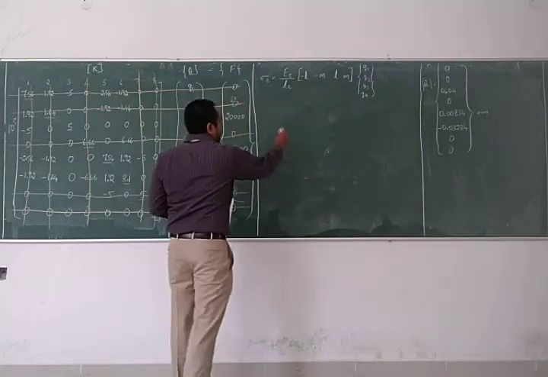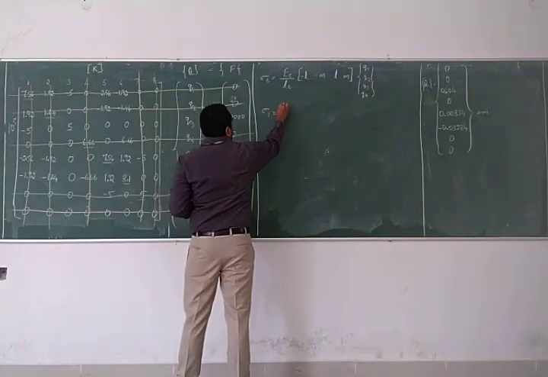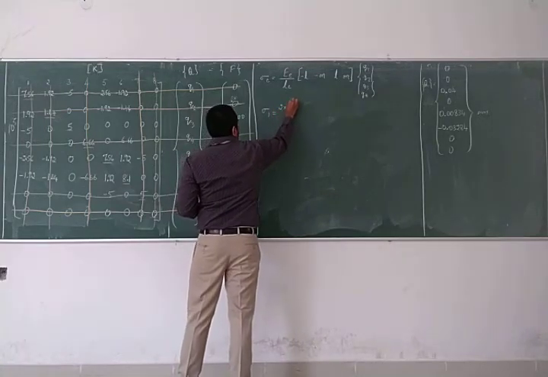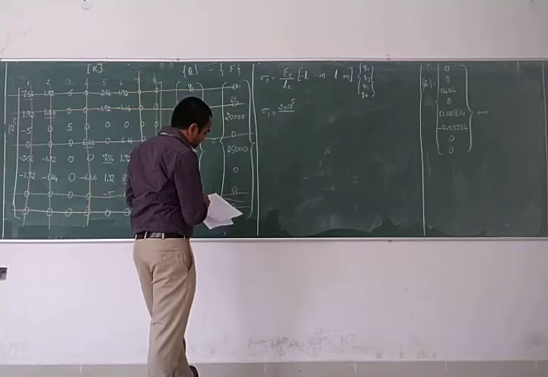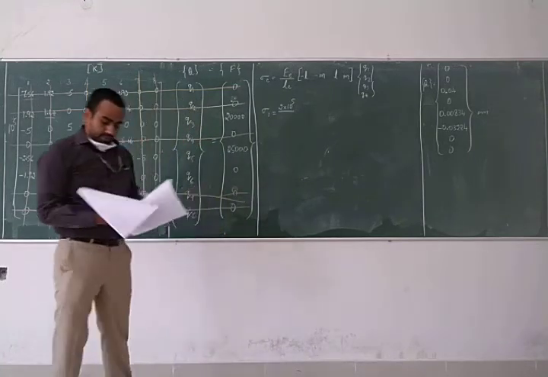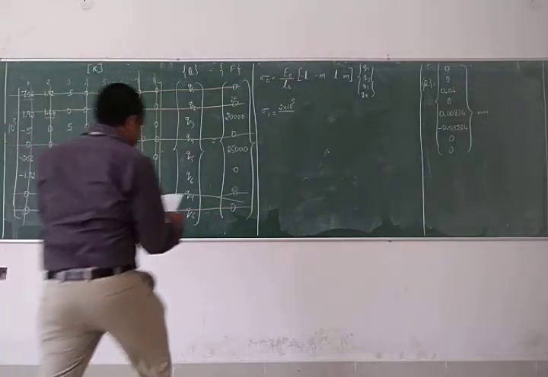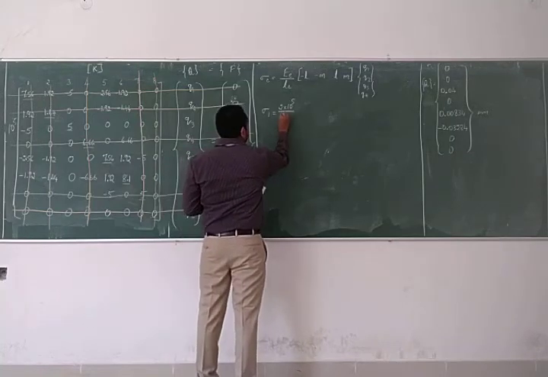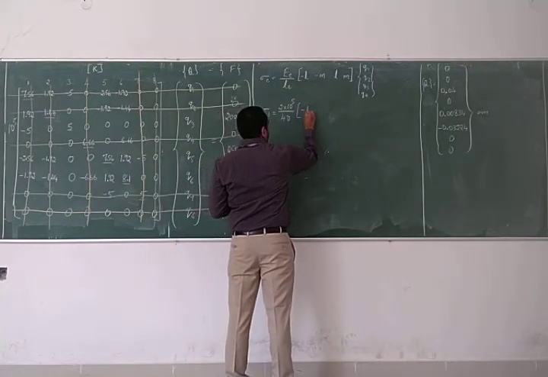For the stress for element 1, sigma 1, the E value is 2 into 10 to the power of 5. The value for length is 40, I remember I cross-checked once. Yes, it is 40. So 2 into 10 to the power of 5 divided by 40. The l value for element 1 is 1, so minus 1.